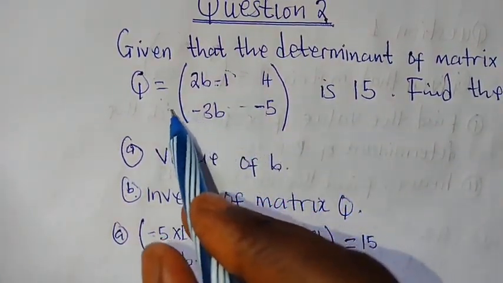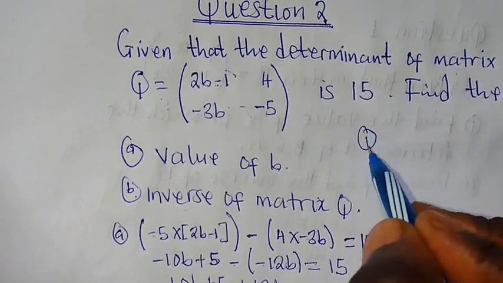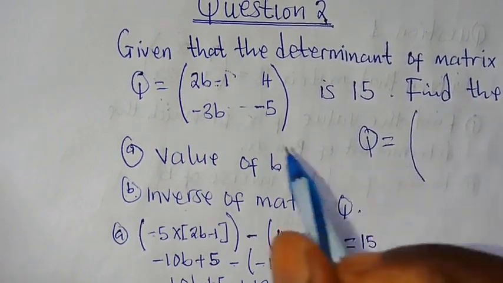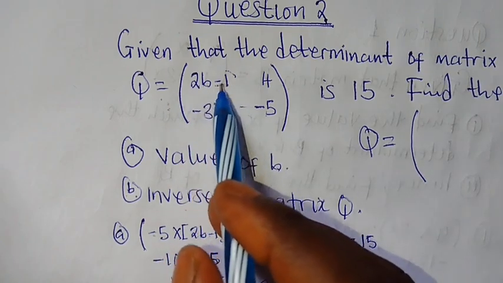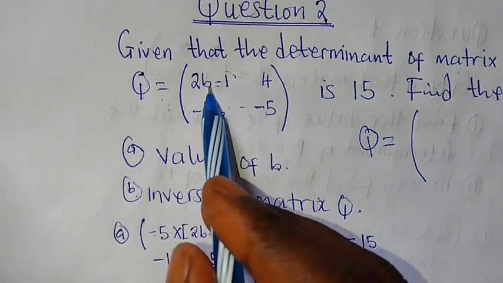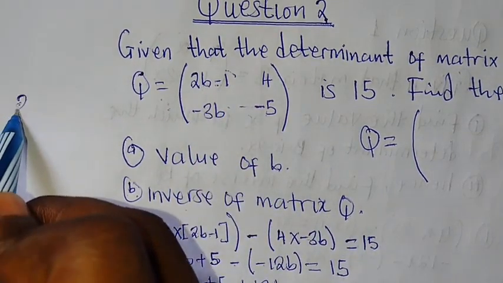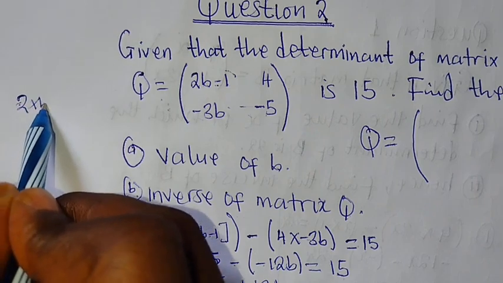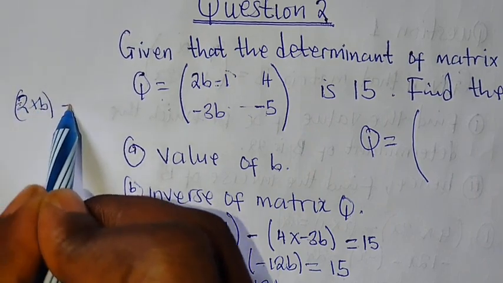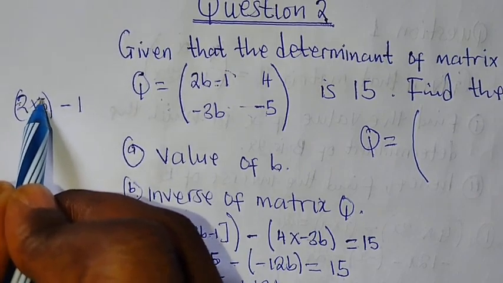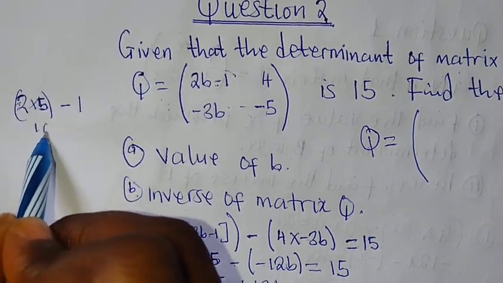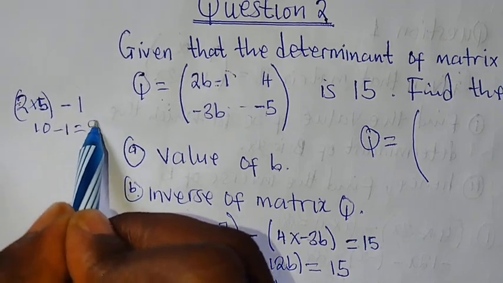We can try to write now the original matrix, which is matrix Q. Where we have 2b minus 1, where there is b, we are going to substitute with a 5. So it will be 2 times 5, then minus 1. So 2 times 5, it's a 10 minus 1, so this will give us a 9.